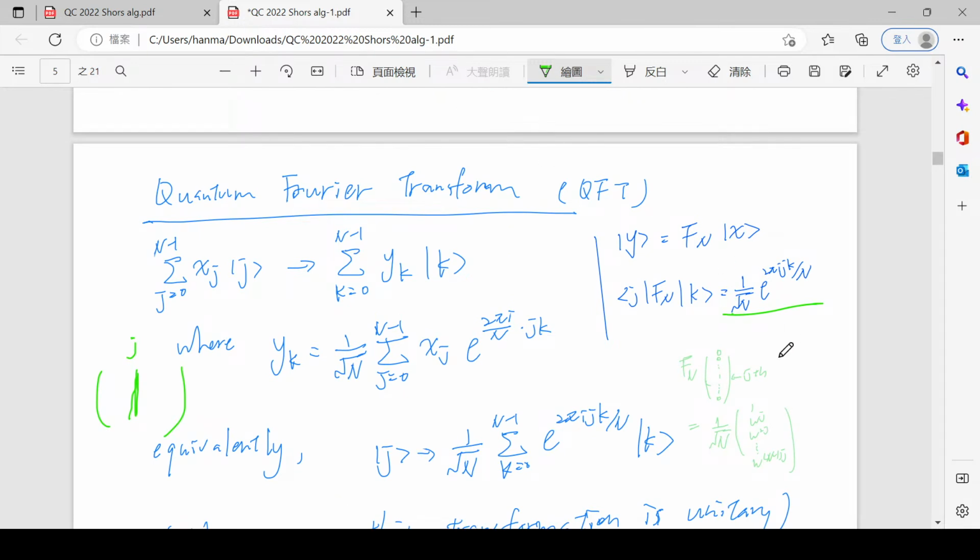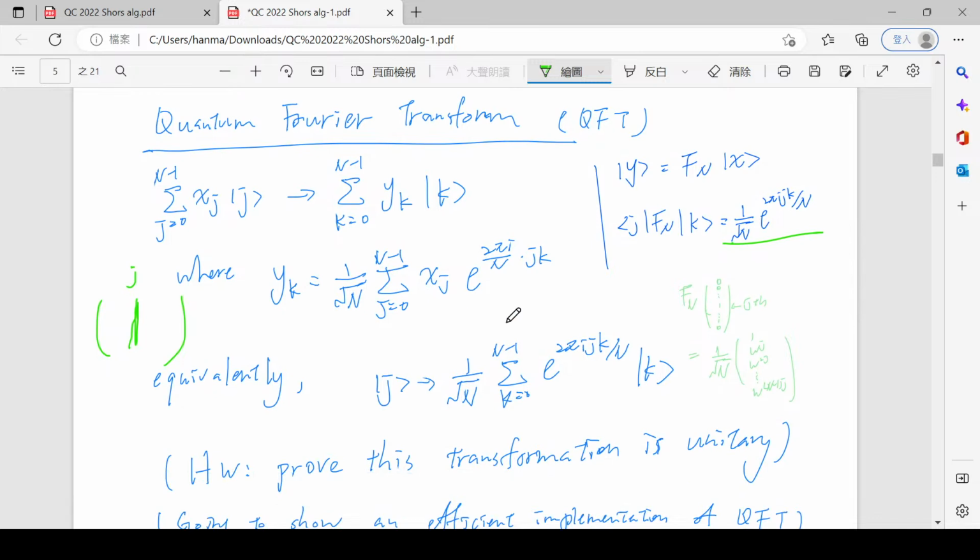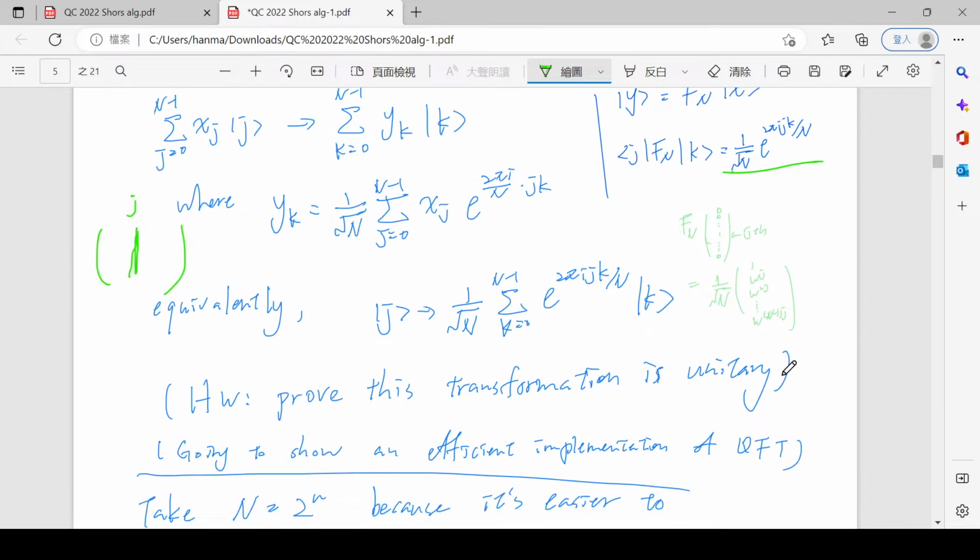So as we said, the quantum Fourier transform is this matrix, and the first thing we do is focus on its action on the computational basis states. So j is a computational basis state. We consider what the quantum Fourier transform does when you apply it onto this computational basis state. Since Fn is an n by n matrix, applying it to a computational basis state basically picks out the j-th column.